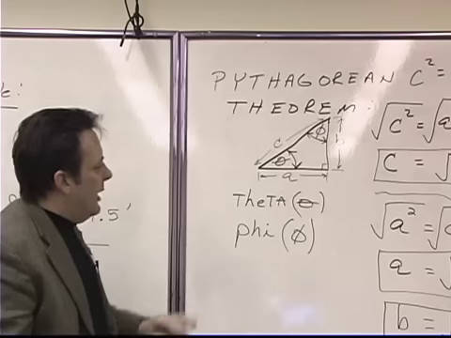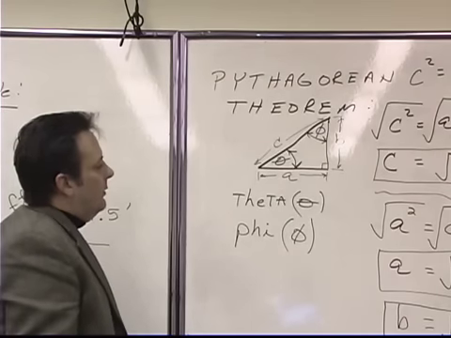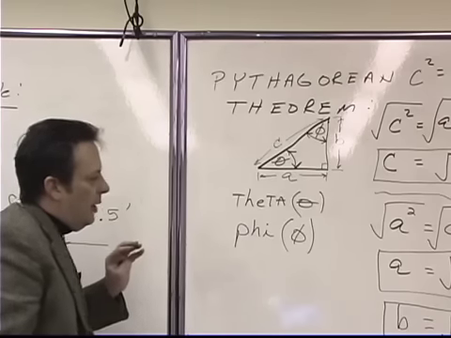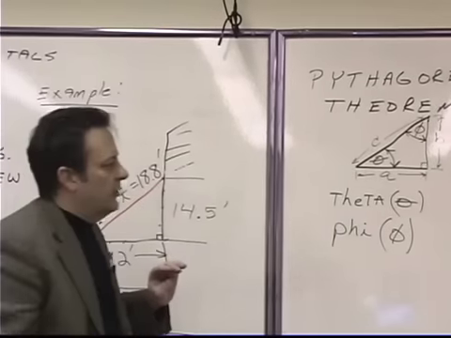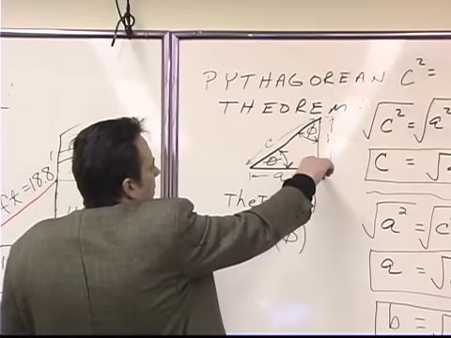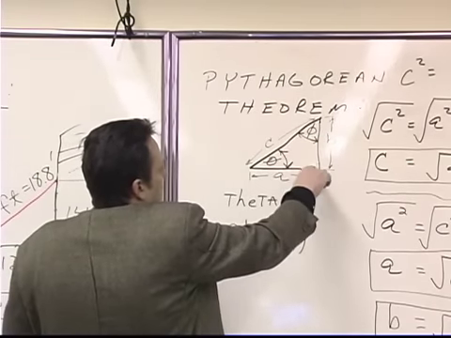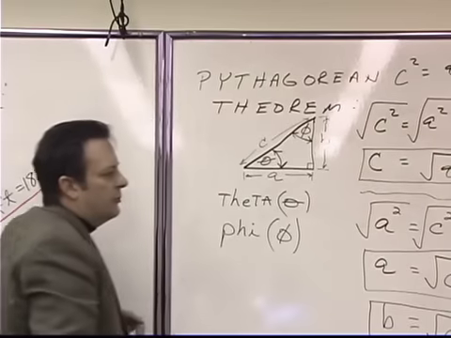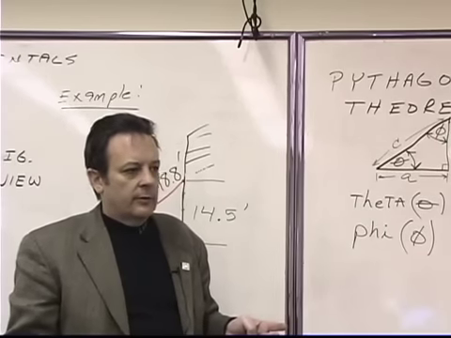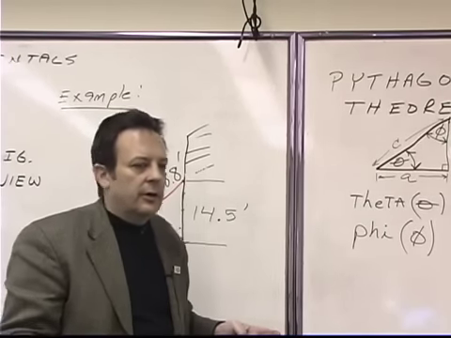Before we leave the Pythagorean theorem, there's another point in geometry that I want to point out to you, and that is that in a right triangle, the sum of all 3 angles has to add up to a certain number of degrees. Does anybody know what it is? 180 degrees.